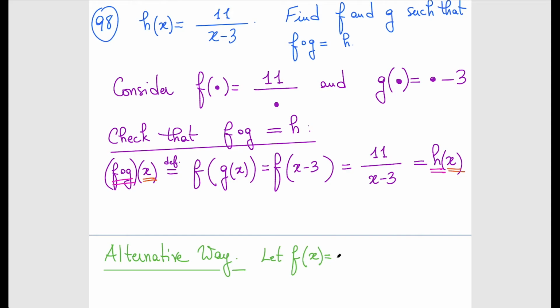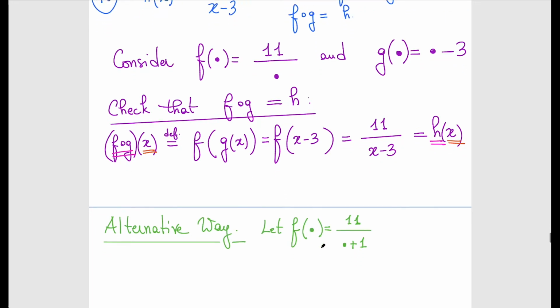This is a little bit more intricate, but still it should be obvious after we do it. So 11 divided by, how about I go for x plus 1. Meaning, f of anything is gonna be 11 over the thing plus 1, right? This is how this new function f operates.